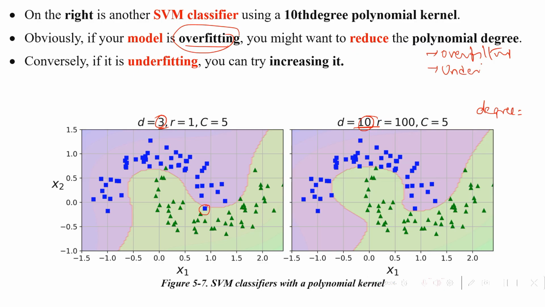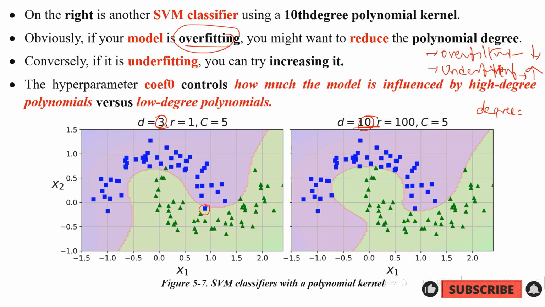If it is overfitting, then we are going to reduce the polynomial degree. If it is underfitting, we have to increase the degree. Simply, this is how to follow in order to overcome the drawbacks of overfitting and underfitting.